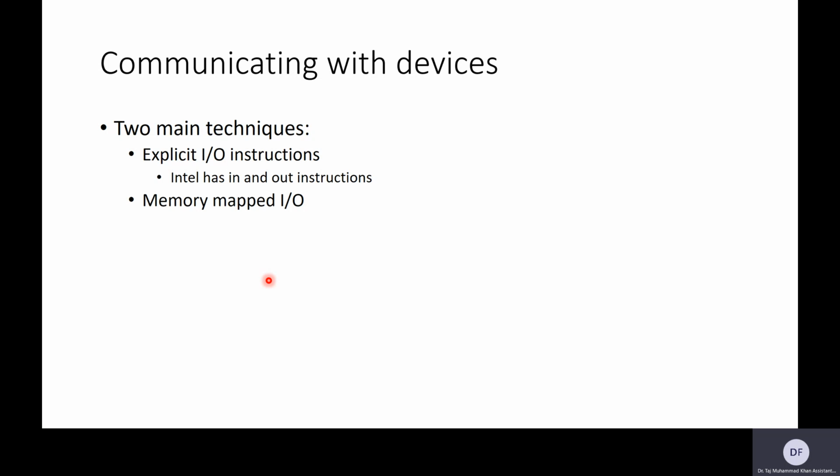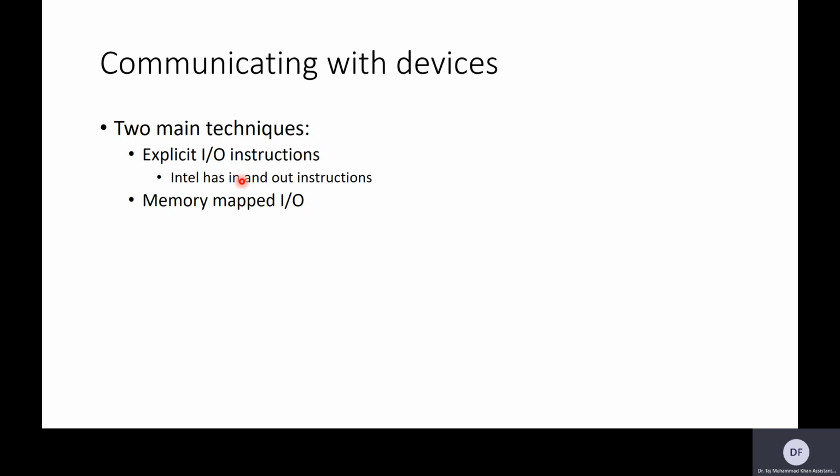One is that the CPU instruction set contains special instructions for reading and writing data from device registers. This is a very old concept, and old processors had special, explicit I/O instructions in their assembly which were used to read data from the device registers or write data to the device registers.